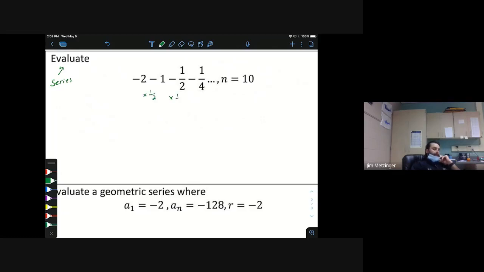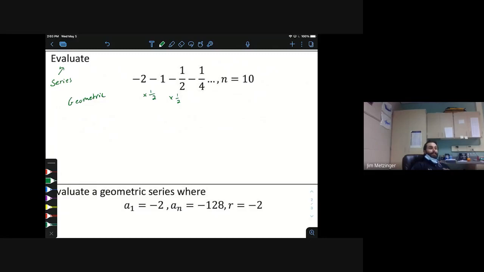Dividing by 2, we're technically multiplying by a half. You multiply by a half every time, that's geometric. If I constantly add and subtract every time, it's arithmetic. So for the sum of a geometric series, I know that some knuckleheads will continue this pattern on for 10 numbers, add them all up, and be done with it. But I could save myself time.